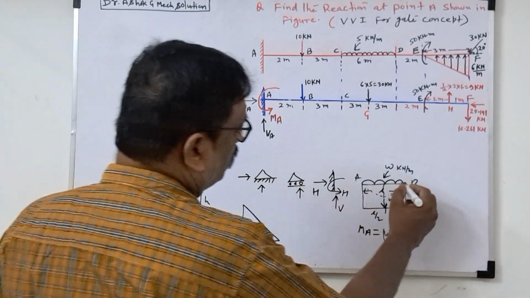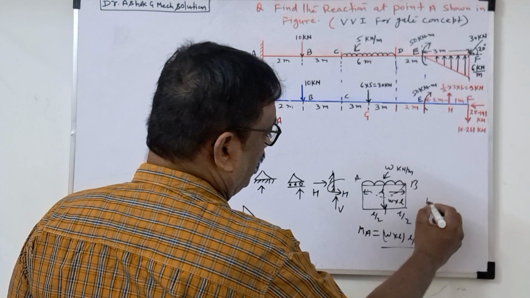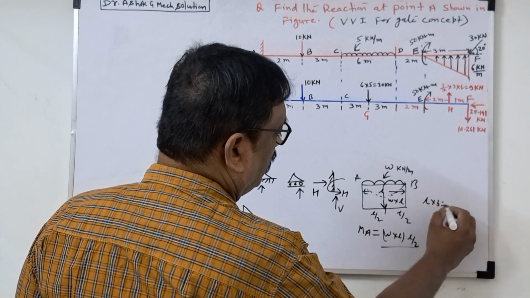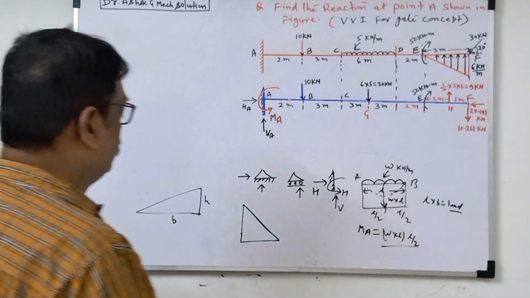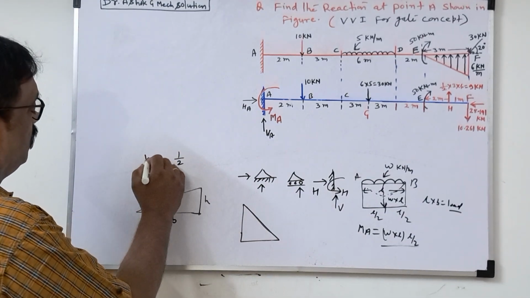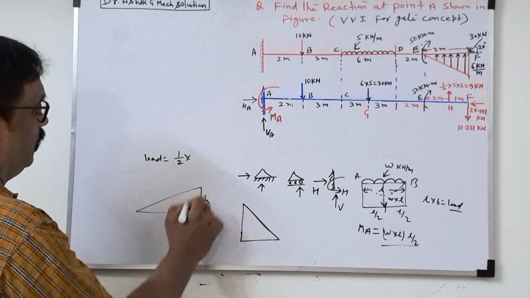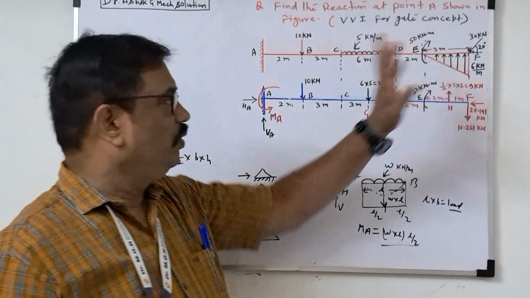For a UDL, also called a rectangular load, the load is length into breadth. This one is a triangular load, so the load is equal to 1 by 2 into base into height. We'll convert this into a point load.